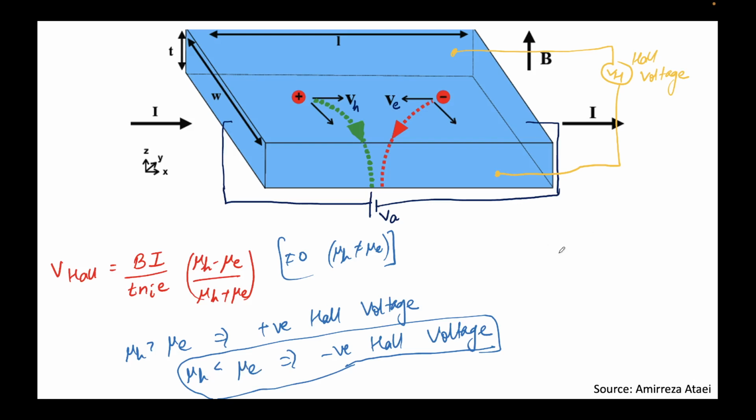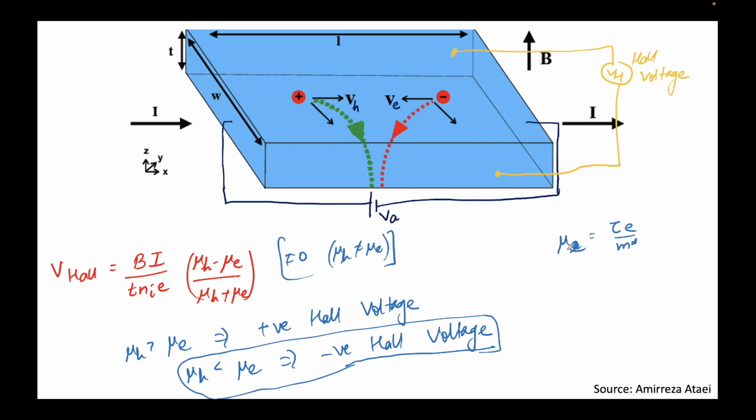Now, one more thing: we know that mu E is equal to tau E times e over m star, where tau is the relaxation time and m is the effective mass. Even if we know something about mu, we cannot say conclusively about effective mass m because the relaxation time is also there.